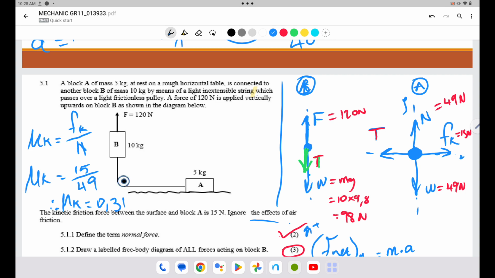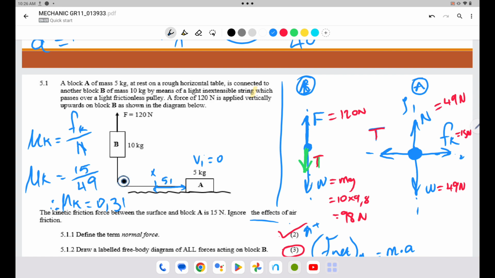So let us say, because we know that the object was initially at rest, initial velocity is 0. So I'm going to say, determine the velocity of block A after traveling 5 meters.